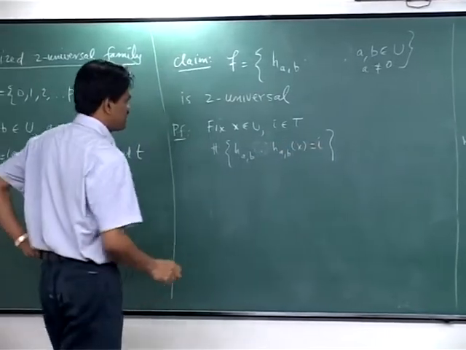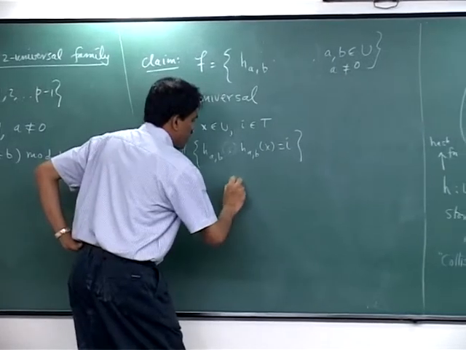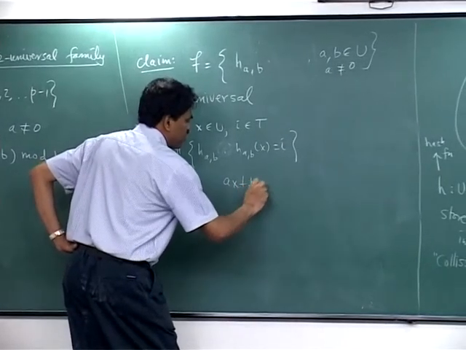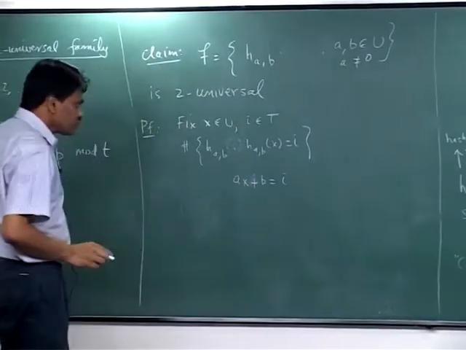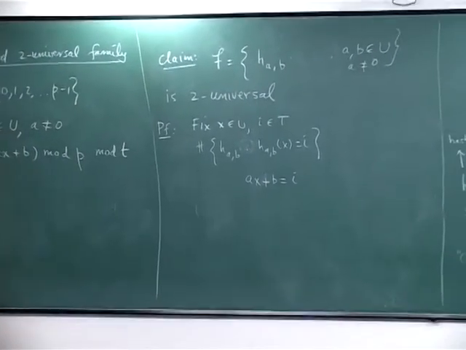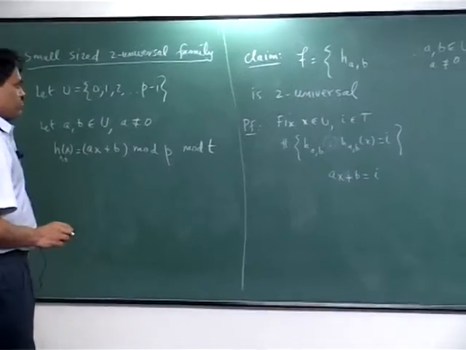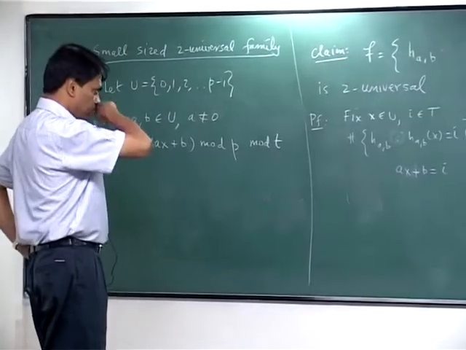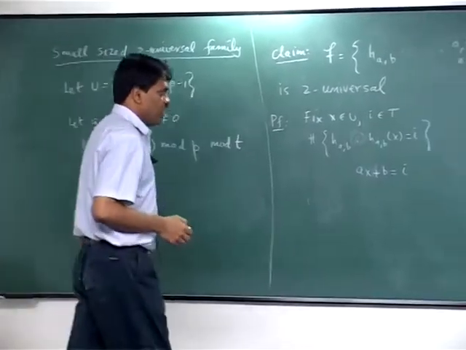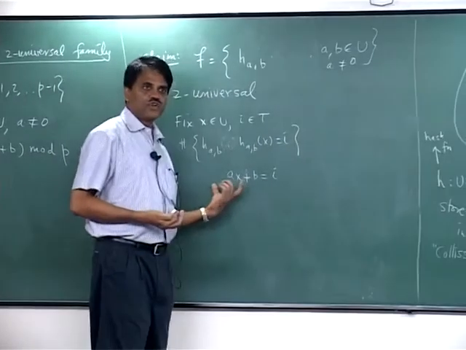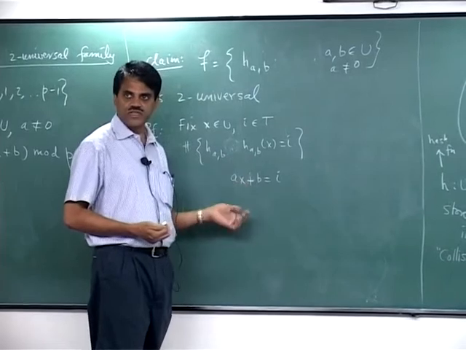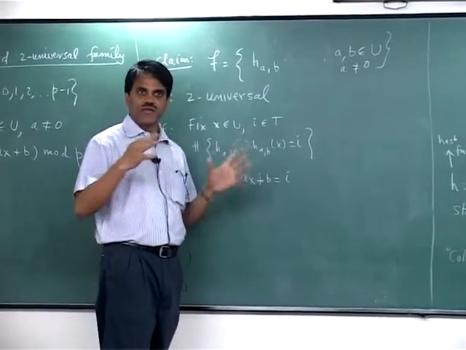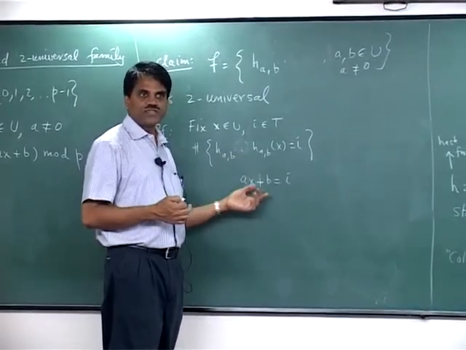Well, that means ax plus b equal to i. So I'm interested in the number of solutions a comma b such that ax plus b equal to i. x and i are fixed. How many pairs a comma b are there such that ax plus b is i?